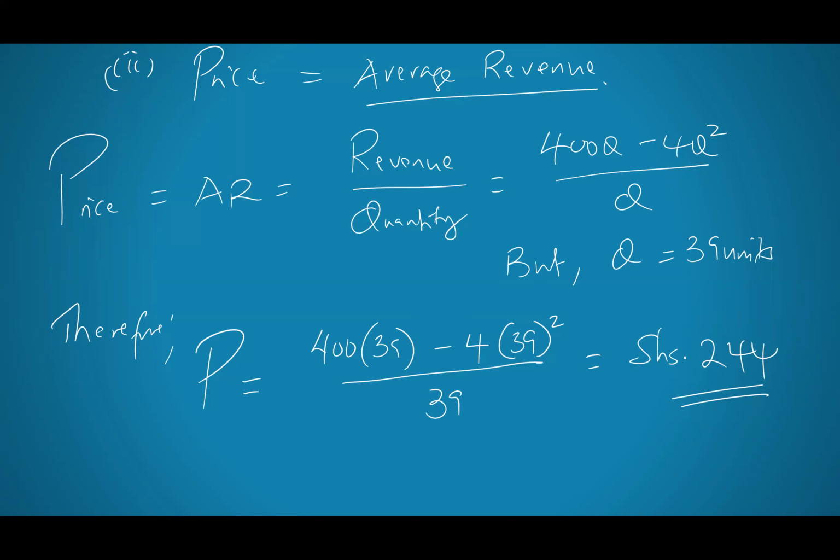Therefore, the price will be got by substituting 30 everywhere. And what I have here is a figure of 280. So for us to maximize profit, we have to sell each unit at a price of 280. So I want you to confirm this as well. We go to the last part of our question.